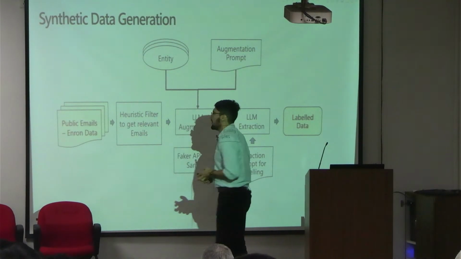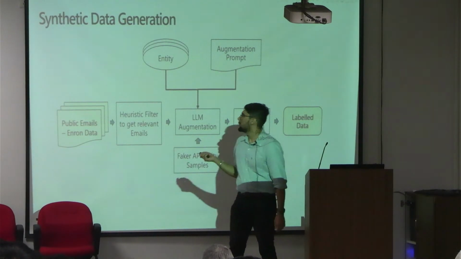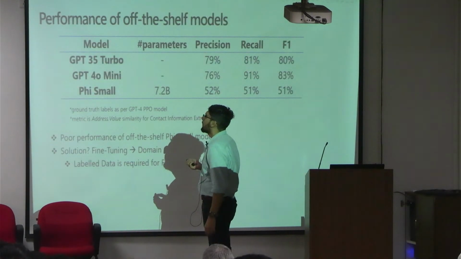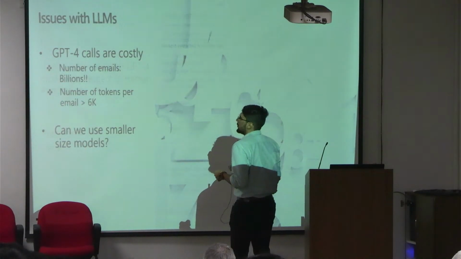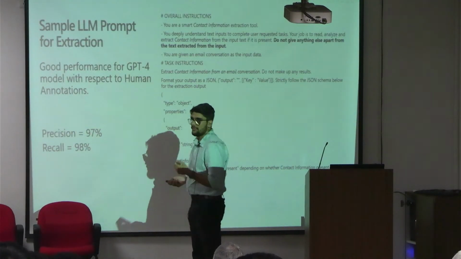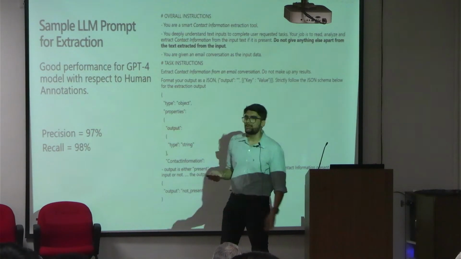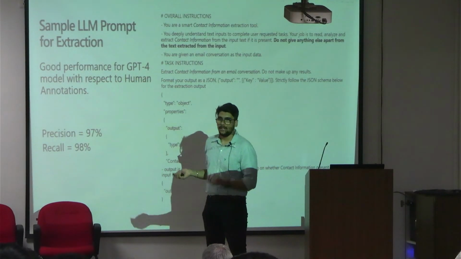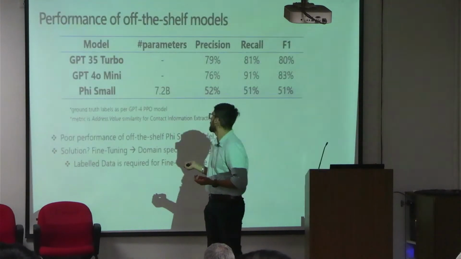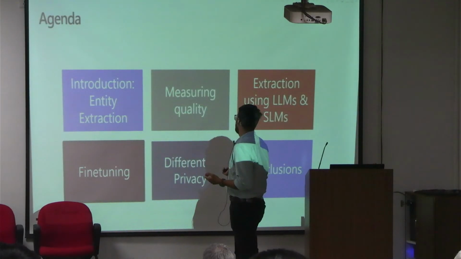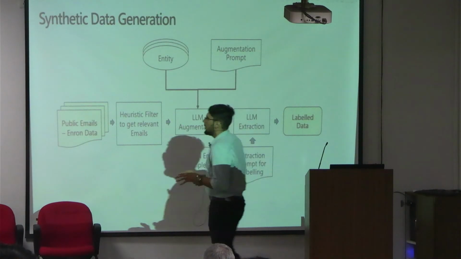After that, we directly use this GPT-4 model that I earlier showed, with a similar prompt that we had. Because we had very good precision recall numbers with this one, I could directly use this to annotate the label data set that we have. So then pretty much I have the label data.